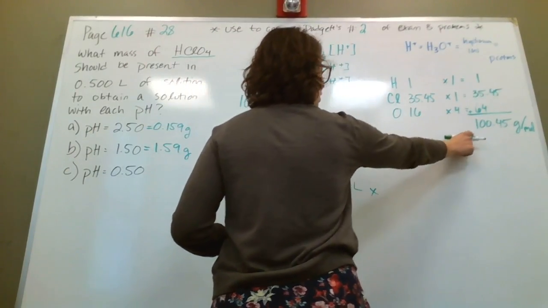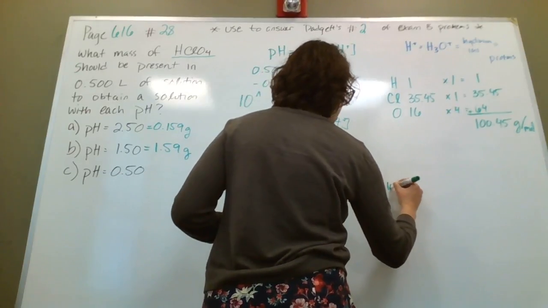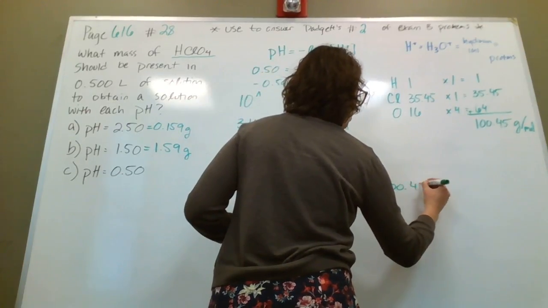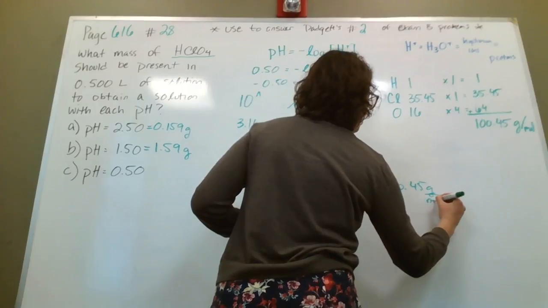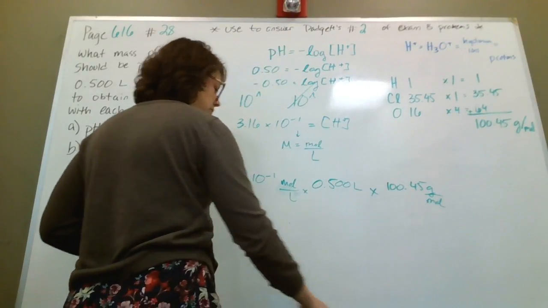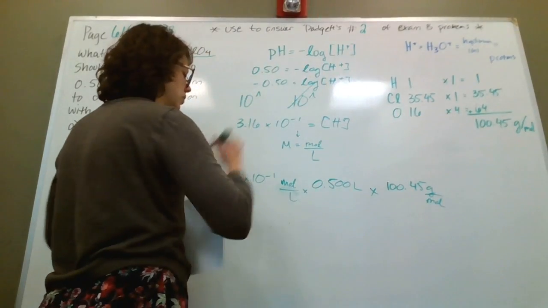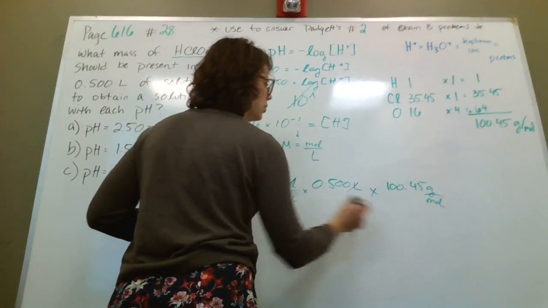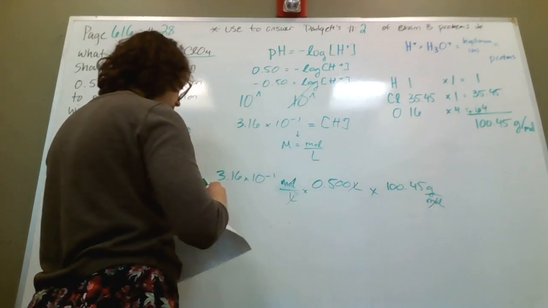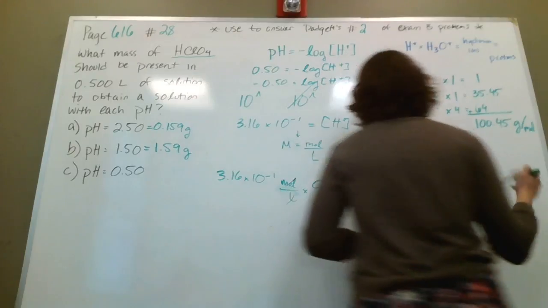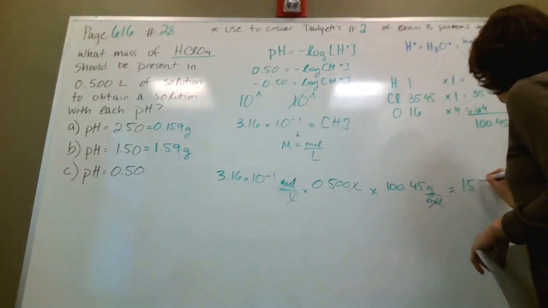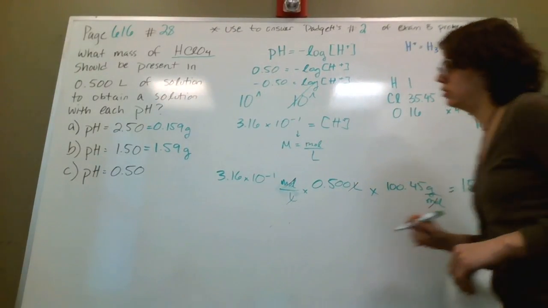And multiply it by my grams per mole that I derived from the periodic table. Alright, so liters cancel, moles cancel, you're left with grams. And we get 15.9 grams.